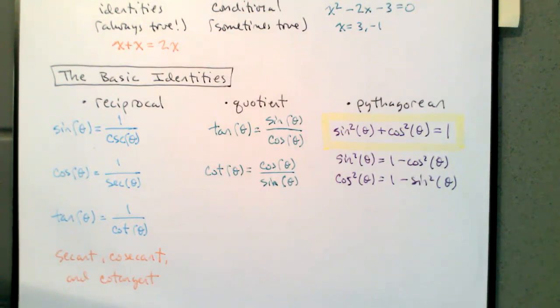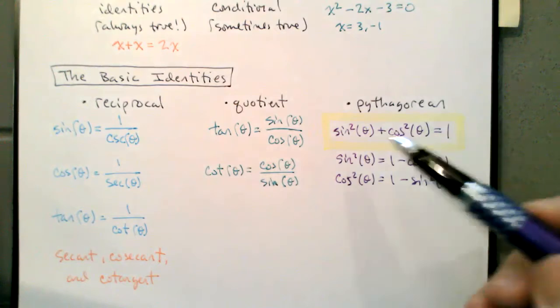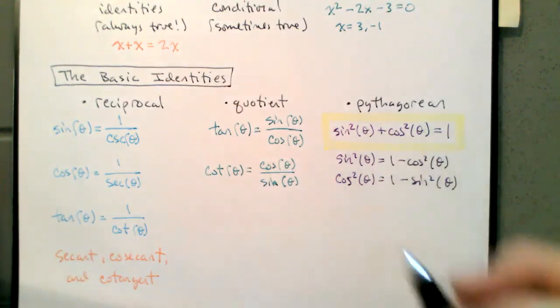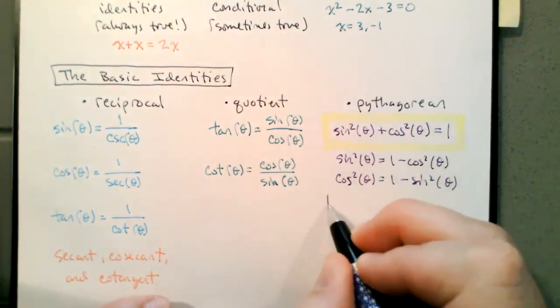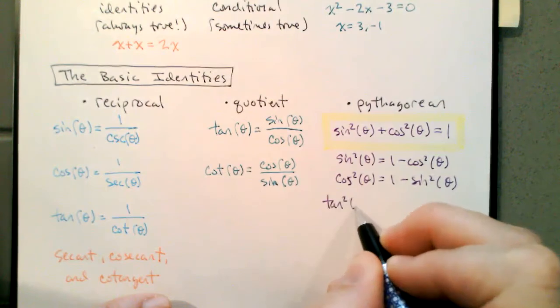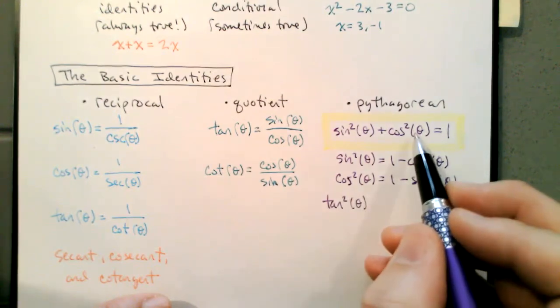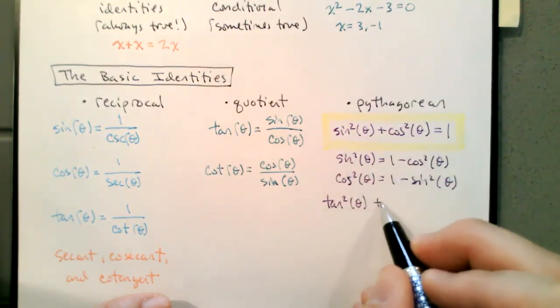We could also take this basic Pythagorean identity and combine it with a quotient identity. If I take this Pythagorean identity and divide everything by cosine squared theta, I can write sine squared over cosine squared is tangent squared. Cosine squared divided by cosine squared is 1.